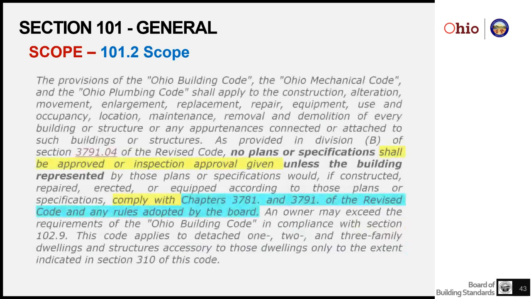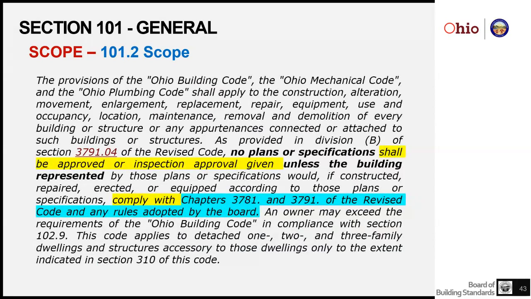The last thing in the middle of this scope is that plans and specifications basically shall be approved and inspection approval given, and that will indicate that the building complies.